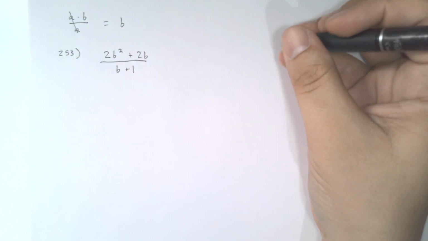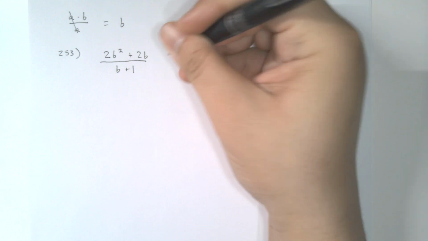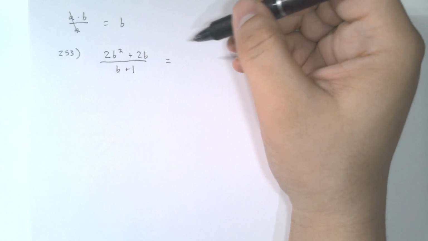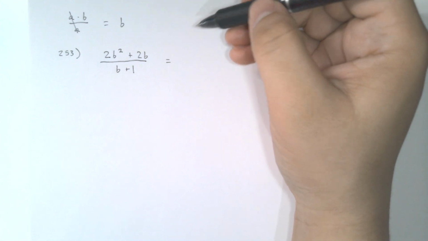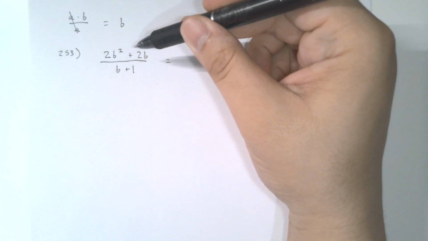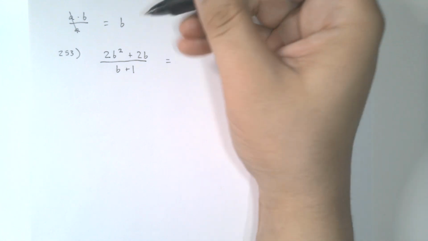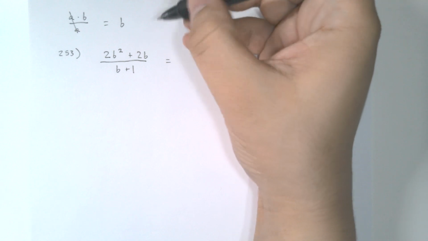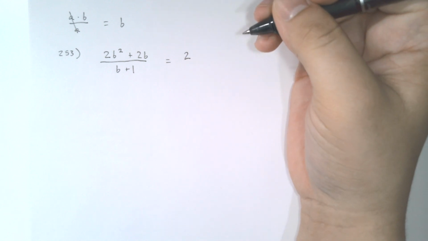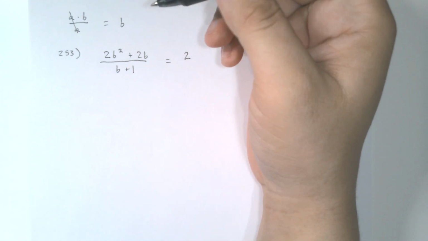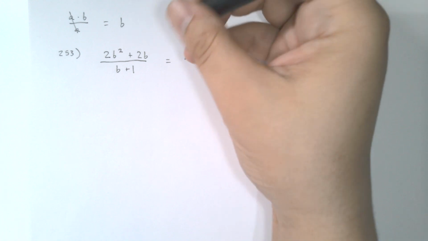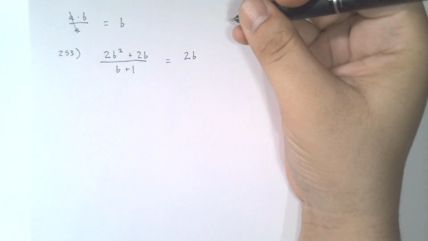In order to simplify it, we try to factor everything as much as possible. To factor the numerator here, we ask ourselves, what is the greatest common factor between 2 and 2? Well, that's the number 2. And what's the greatest common factor between b squared and b? That's going to be b.